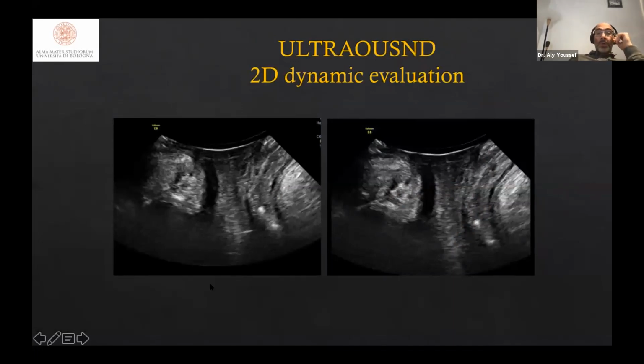An extremely important and relatively simple aspect of pelvic floor ultrasound is the 2-dimensional dynamic evaluation. This can give you very important information regarding both the contraction and the relaxation of the pelvic floor.